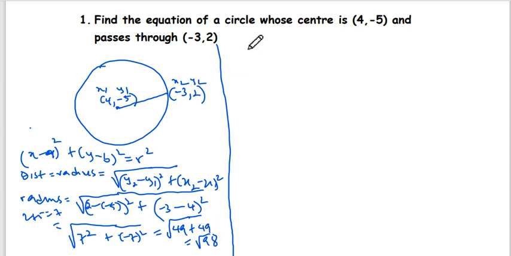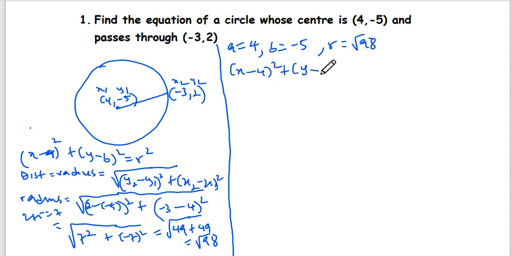So let's get our equation. Since we know our radius, our a is 4, that is the center, our b is -5, and our radius is the square root of 98. Plugging this into the formula, we have (x - 4)² + (y - (-5))² = (√98)², that's the radius squared.